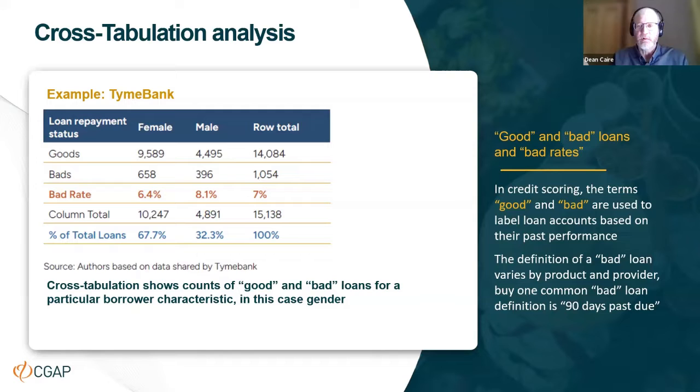So here, as we've written on the slide, let's say that a bad loan is a statutory type definition at the moment, like 90 days in consecutive arrears is usually a definition that requires you to classify a loan as substandard for official reasons, right?